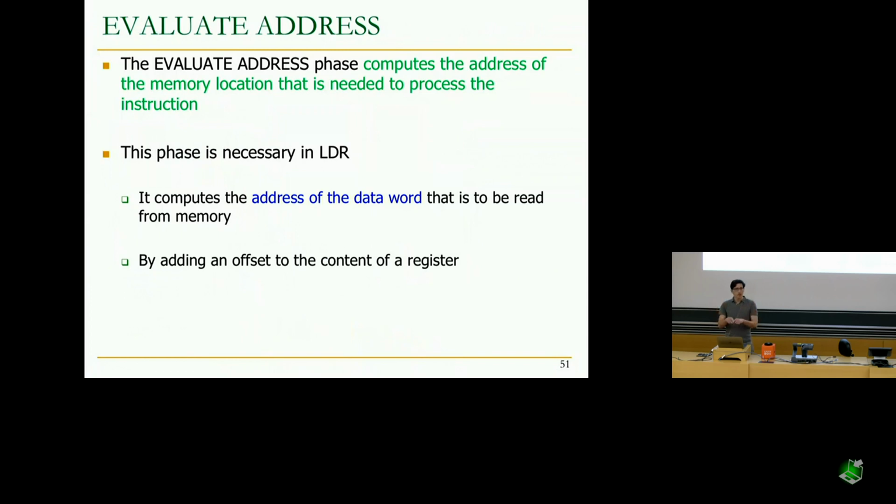This gives us an effective address that contains in memory the element that we want to read and store in a register. So in this stage, what we do is calculate the effective address. As I said before, this is not necessary in add.